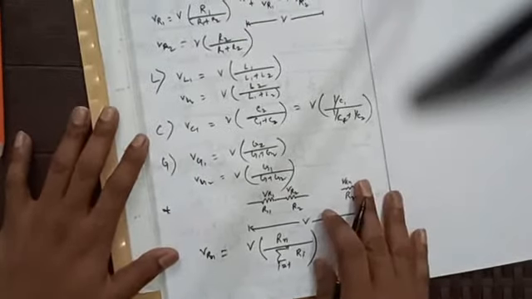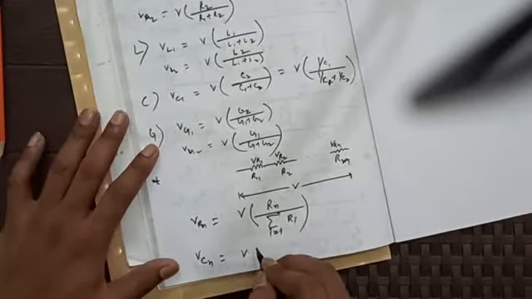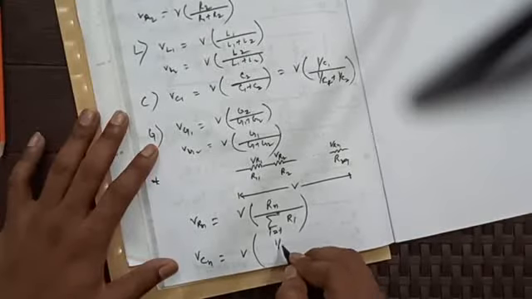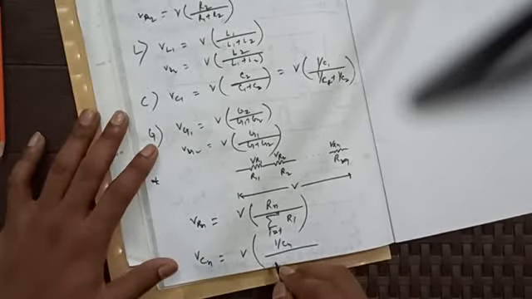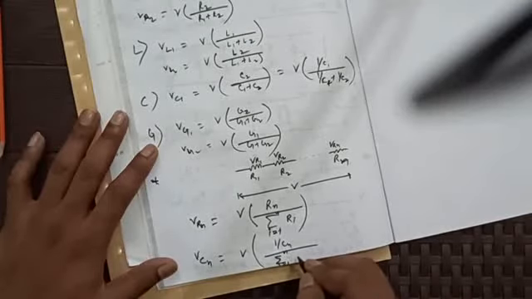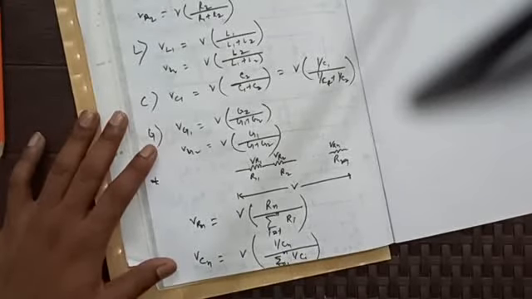Clear? In case of capacitor, total voltage times 1 by Cm divided by the summation of i equal to 1 to n of 1 by Ci. Clear?